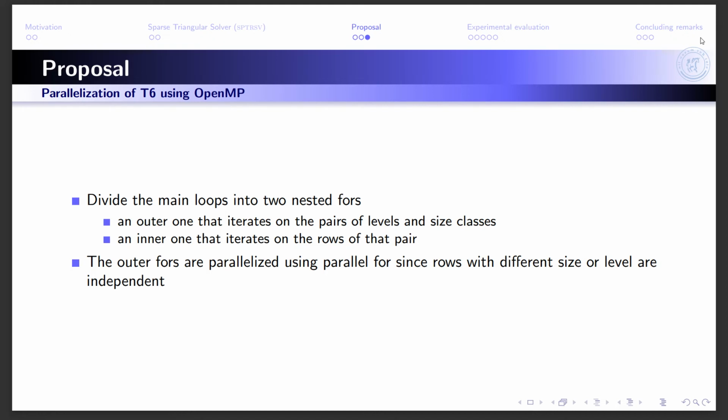Our idea is that T6 iterates 2 times. One is a symbolic iteration, in the sense that we just want to count and know the memory requirement to malloc memory, and after that it does the grouping. So we divide every one of these two loops into two nested loops.